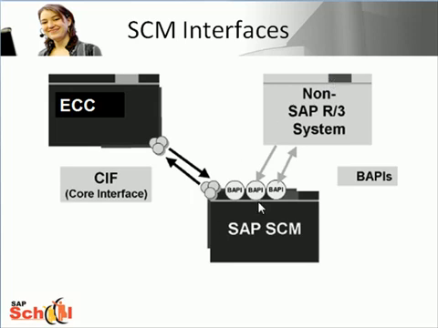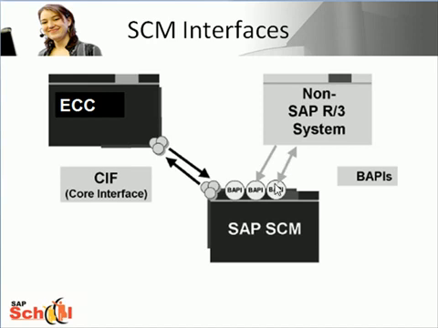The system connection of the SAP SCM component is effected by the core interface, which is a special integration to the ERP system and is available out of the box.